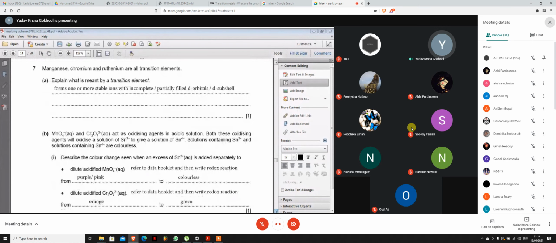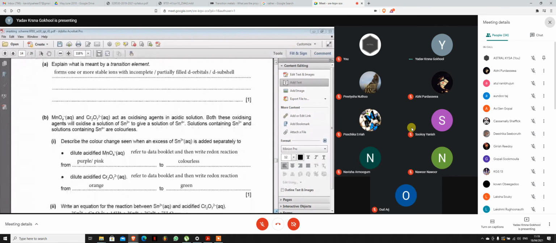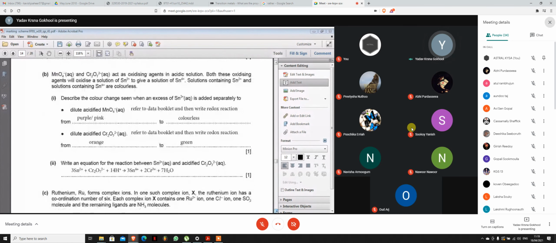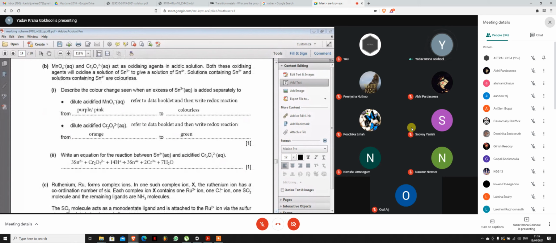Okay, transition elements. Now, we are already being told that they are oxidizing it. So here what we have to do, we need to again choose equations.